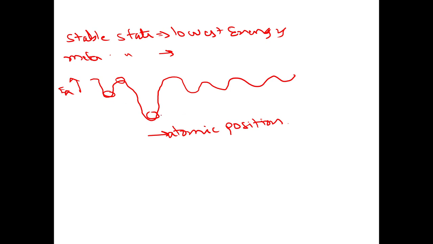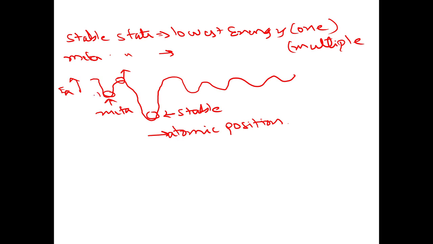So this is considered the stable state, and this is considered the metastable state. We can have only one stable state in a system, but we can have multiple metastable states. We compare this high energy level to this lower energy level, then we can say this is metastable.